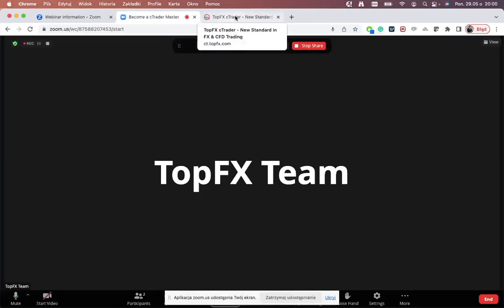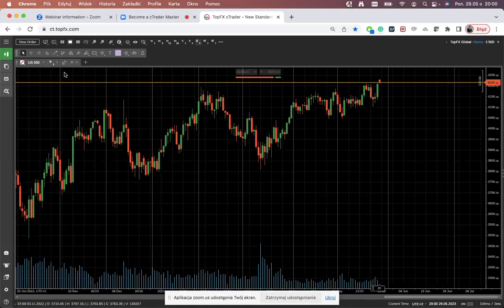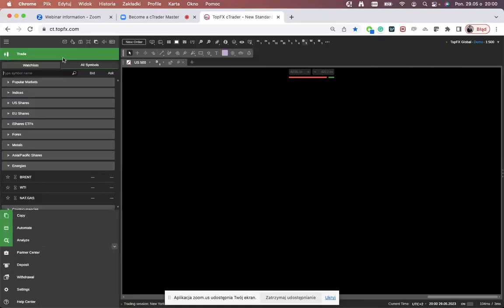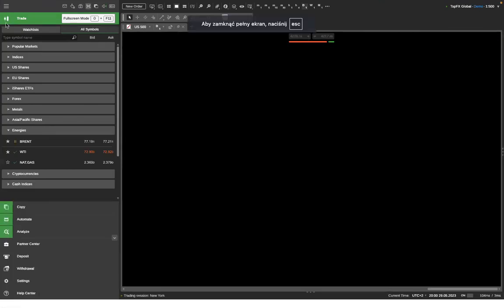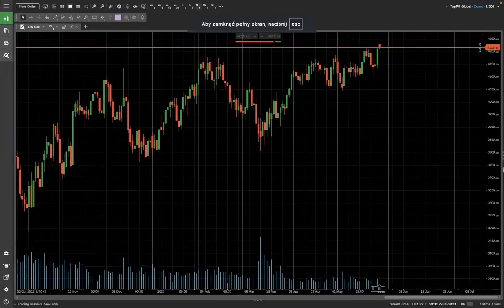So let me just switch back to the full screen of, of course, the cTrader platform. Today we are going to talk about the Fibonacci Fan, the last one of the Fibonacci tools available in cTrader.